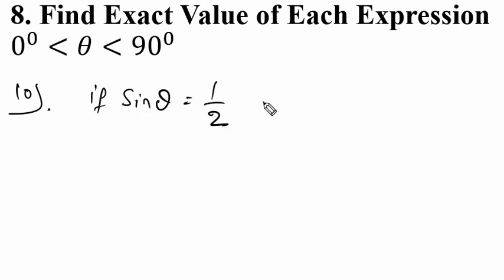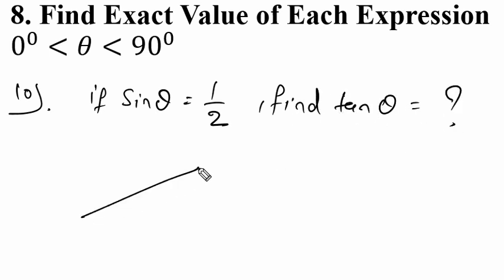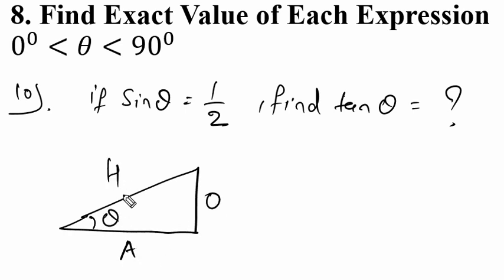Question number 10: if sine theta is equal to 1 over 2, find tan theta. So again let's take a triangle. This is theta, so opposite, adjacent, hypotenuse. So SOH, so this is 1 and this is 2.